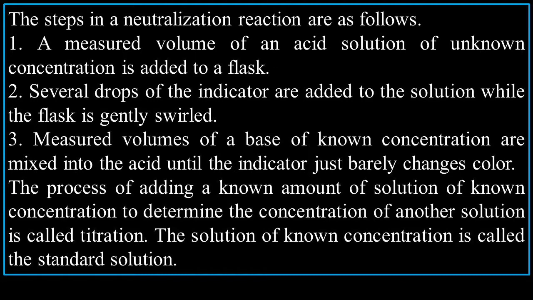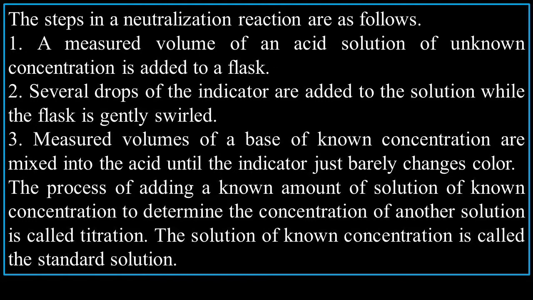The steps in a neutralization reaction are as follows. 1. A measured volume of an acid solution of unknown concentration is added to a flask. 2. Several drops of the indicator are added to the solution while the flask is gently swirled. 3. Measured volumes of the base of known concentration are mixed into the acid until the indicator just barely changes color.